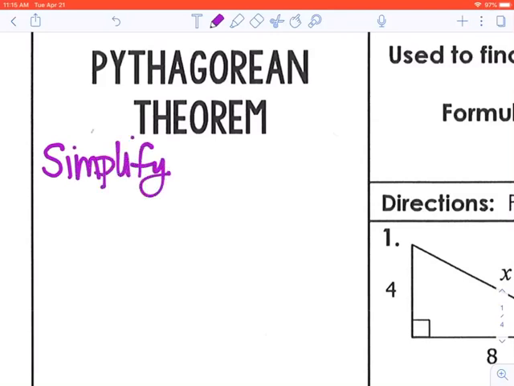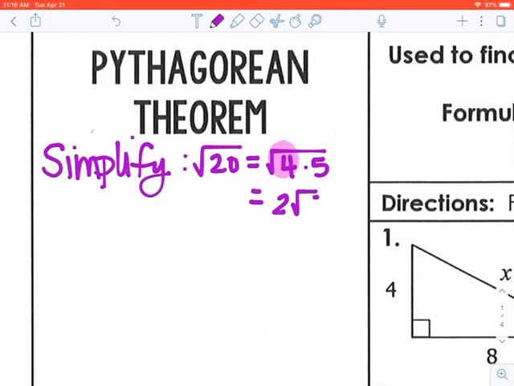To simplify, if we have something like, let's say, the square root of 20, we have a perfect square in there. So we have to find the perfect squares to simplify our radical. Inside of 20, we could say 20 is 4 times 5, because 4 is the perfect square. And because 4 is a perfect square, we can take the square root of 4 and say this is 2 square root of 5.